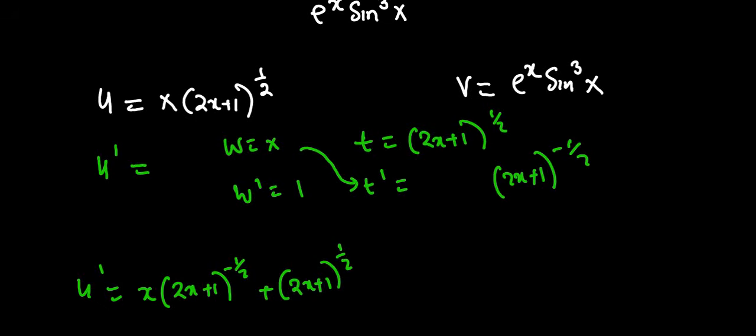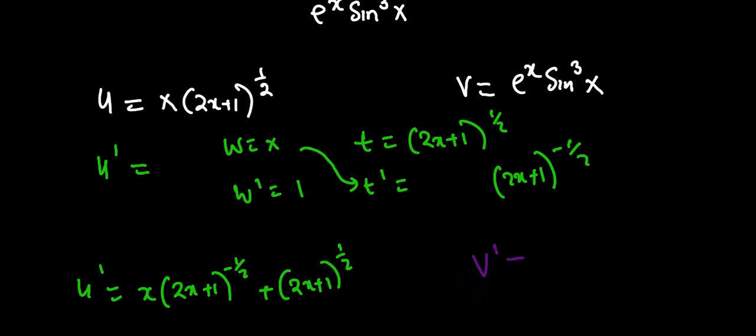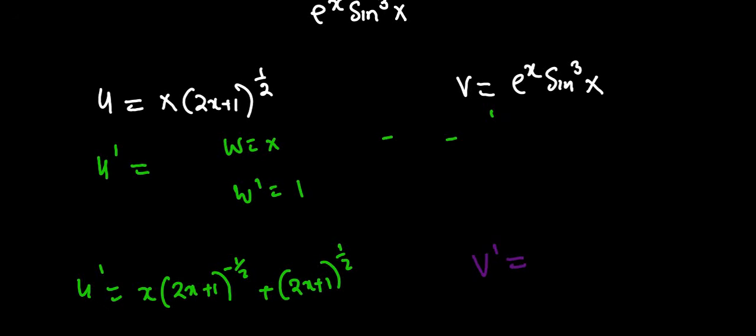Then for this other part, if we want to differentiate v to get v prime, we'll have to use product rule as well. According to this, our omega is e^x and our t is sine 3x.